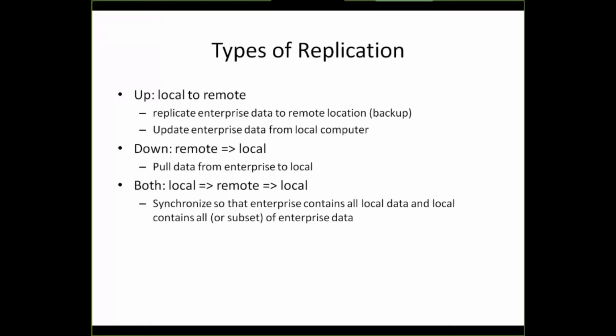But for the local computer, it's about syncing their data with what's at the headquarters, or making sure the headquarters has access to the data that they have. Down would be bringing the remote data to your local PC, and in some instances you may do a full download.